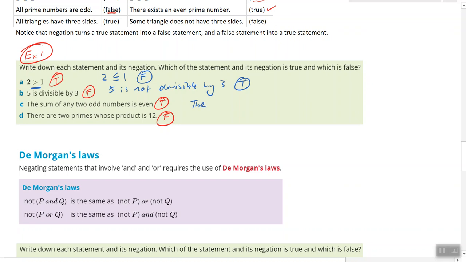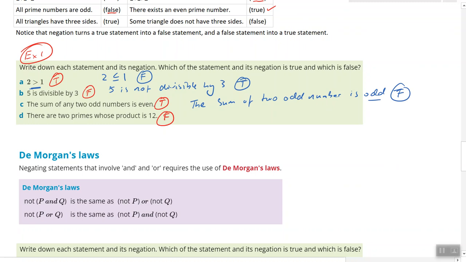The sum of any two odd numbers is even. So the negation will be the sum of two odd numbers is odd. Okay, so the negation part will be just the odd. Sum of two odd numbers is odd. That's obviously false. Okay, so I'll just write an F there.